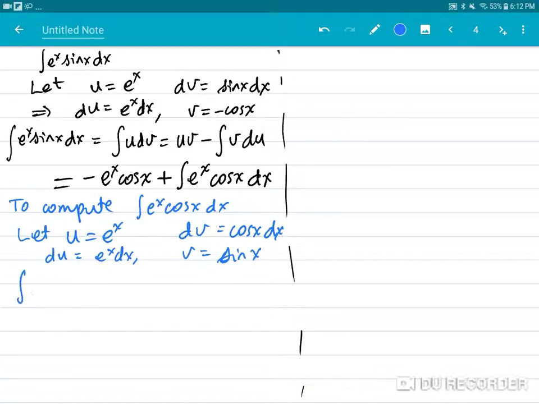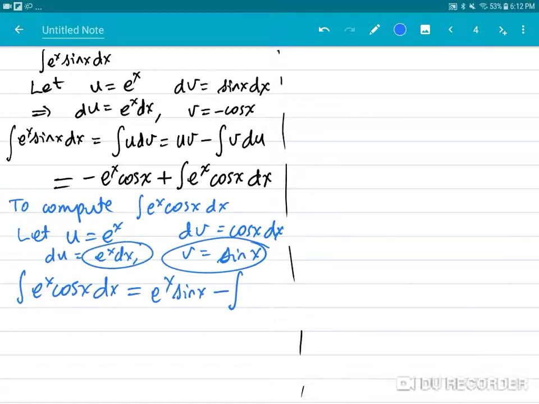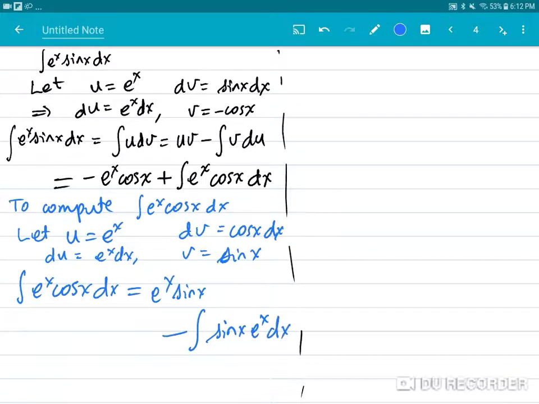So the integral of e to the x cos x dx is uv, so that would be e to the x sine x minus the integral of v du. That is really, let me put it here, minus integral of sine x e to the x dx.